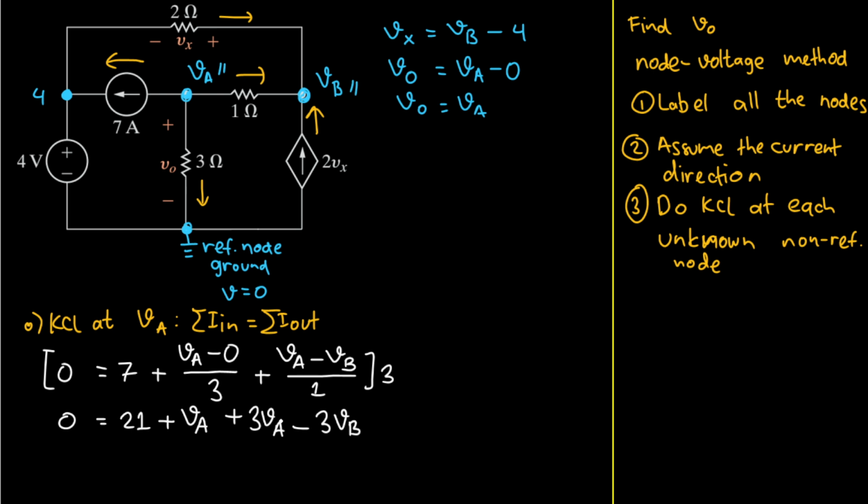VA plus 3 VA will be 4 VA, right? 4 VA, and then minus 3 VB, and that will equal minus 21. Let's save this as equation number 1, because we still have one more equation from VB. So we have 4 VA minus 3 VB equals minus 21. Good.